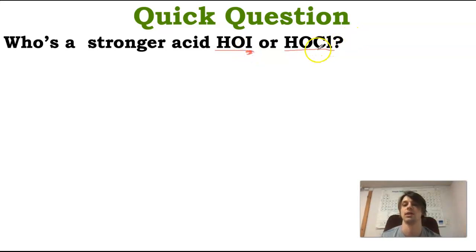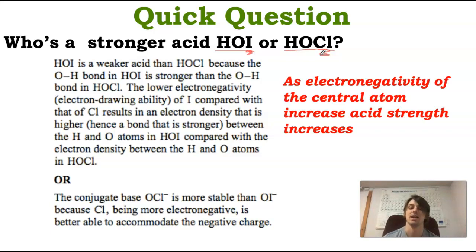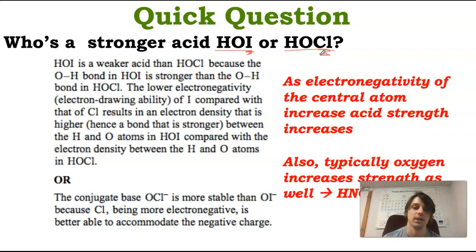Okay, who is more electronegative? So whichever one is more electronegative does a better job of pulling the electrons away, making it stronger. So HOCl should be stronger. HOI is the weaker acid because HOCl has a higher electronegativity, pulling the electrons away, allowing hydrogen to leave easier.